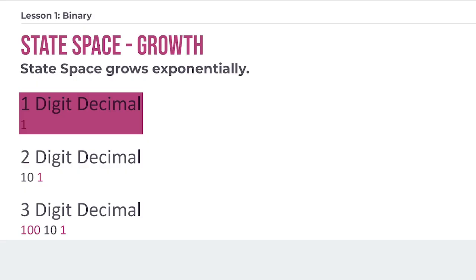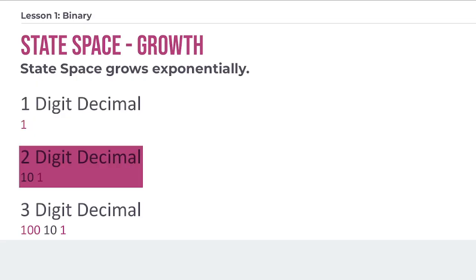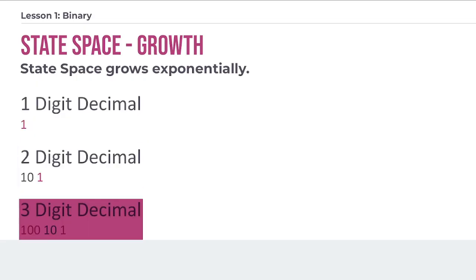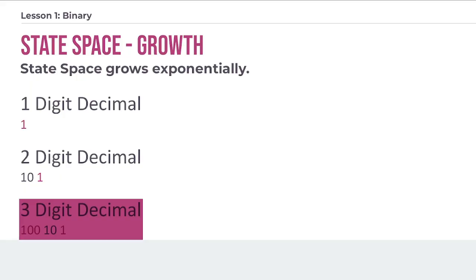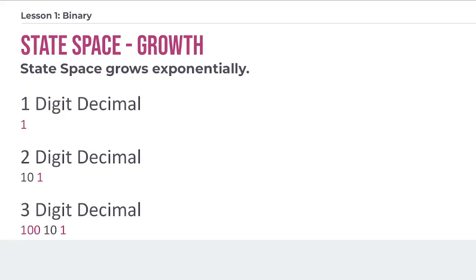This is the base 10 system, by the way. 2 digits, you can encode 100 different numbers. 3 digits, you can encode 1,000 different numbers. And so hopefully you see the pattern there. You can see the growth. We've grown from here to here by 10. We've grown from here to here by another 10 or 100. All right, so hopefully you see the pattern. The state space multiplies by 10 every time we add a digit.